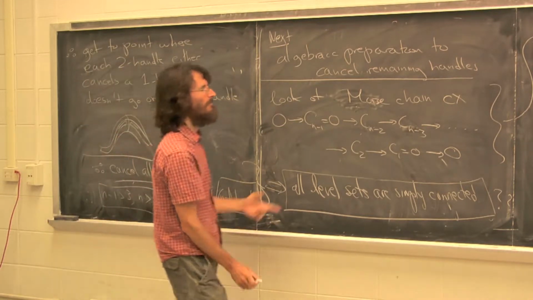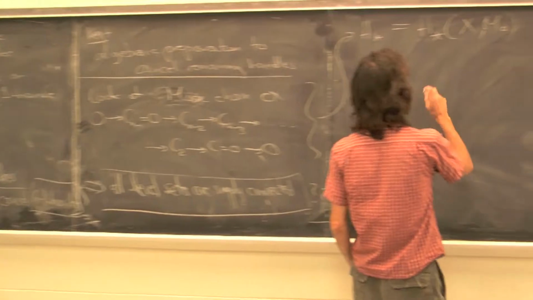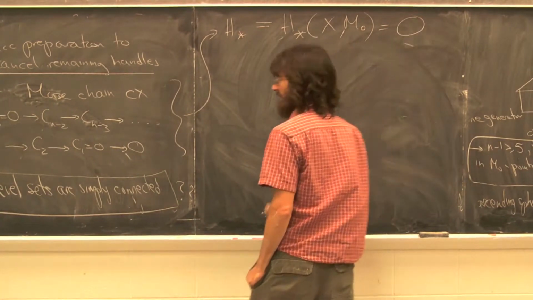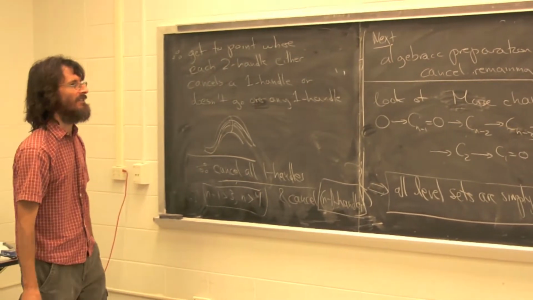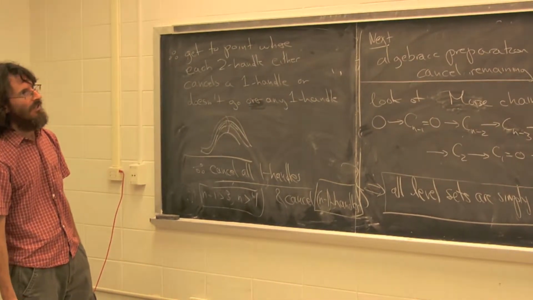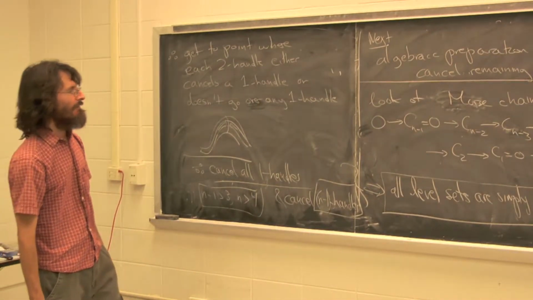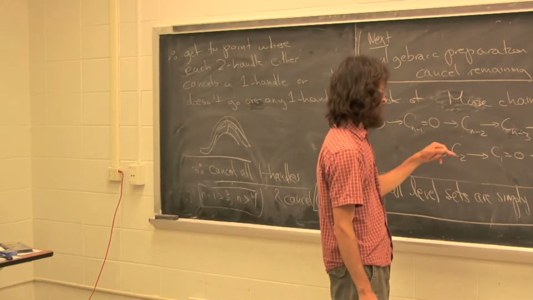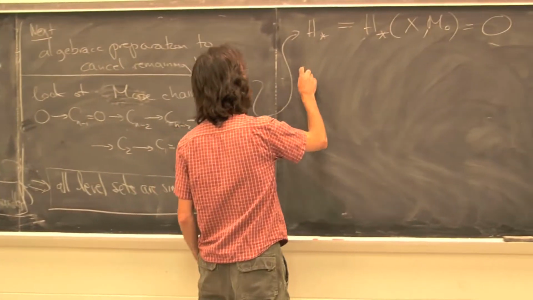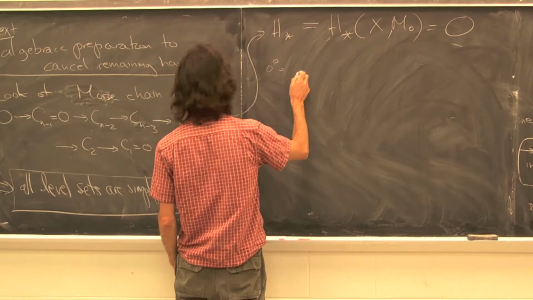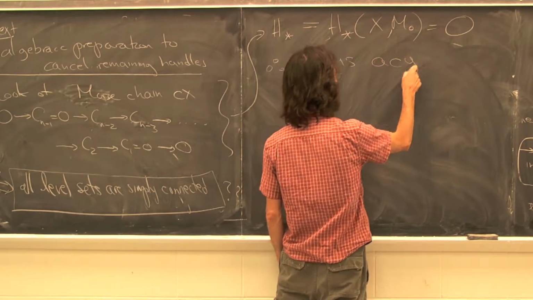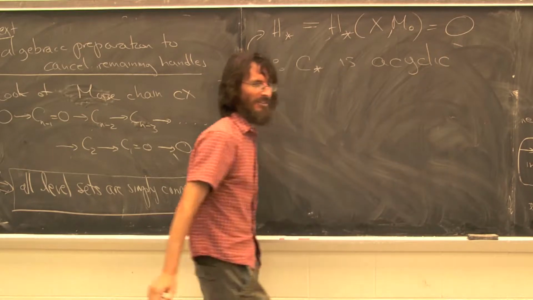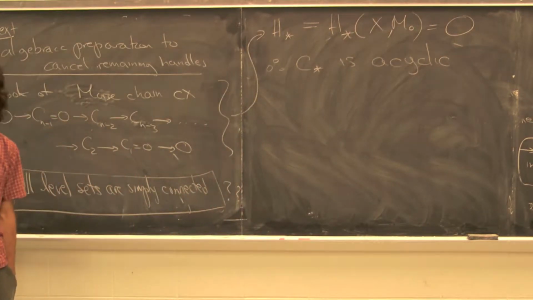So in particular, this is 0 because the inclusion of M0 into X is a homology equivalence. Therefore, this chain complex C star is what's called acyclic. If you've never seen the word, an acyclic chain complex is a chain complex whose homology is all 0.